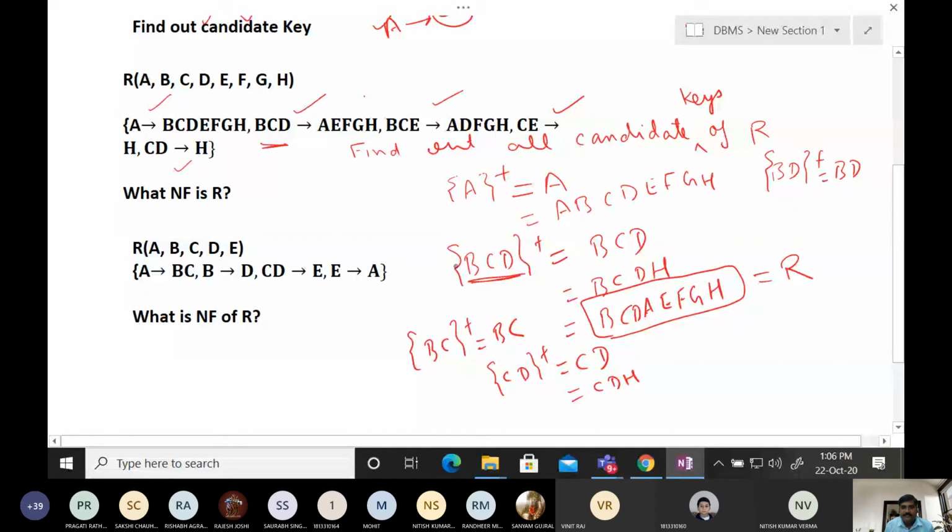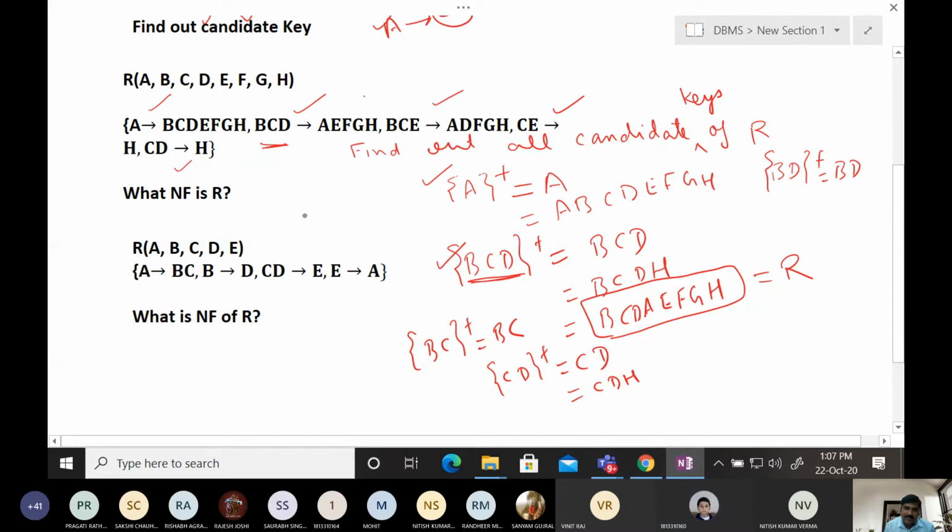Find out the closure of another set of attributes, a minimal set, which can determine all the attributes of R. Then only we can say that this is a candidate key. So A is a candidate key and BCD is also a candidate key, and please check, is there any combination of attributes, a minimal set of attributes?